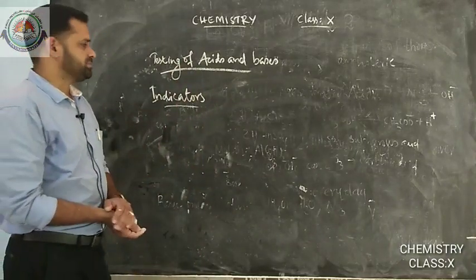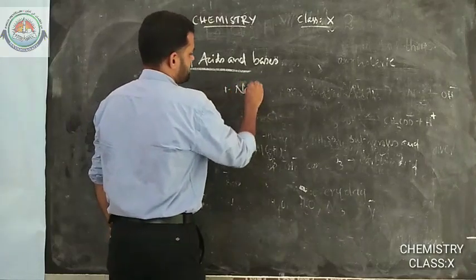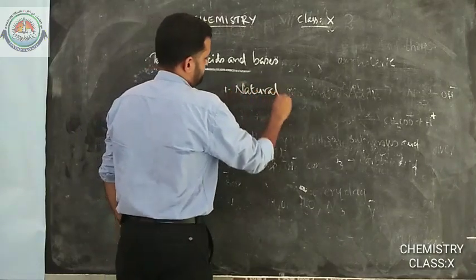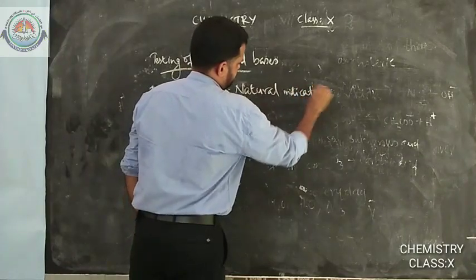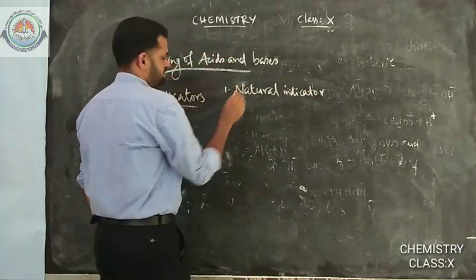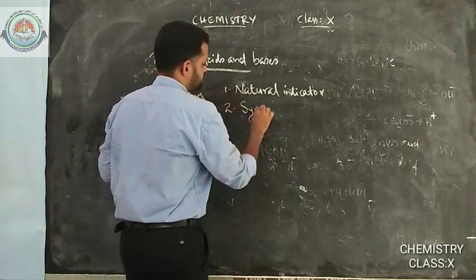Generally, there are three types of indicators. First one is natural indicators. Second one is synthetic indicators.